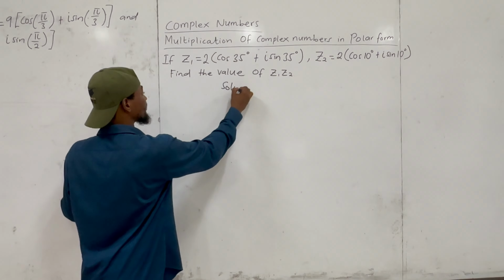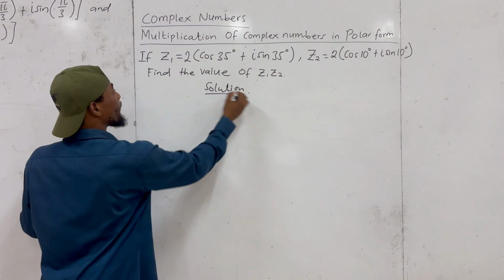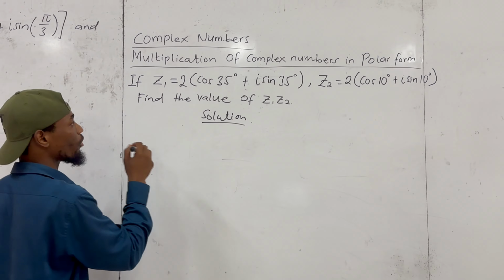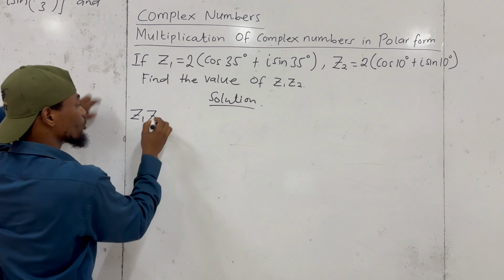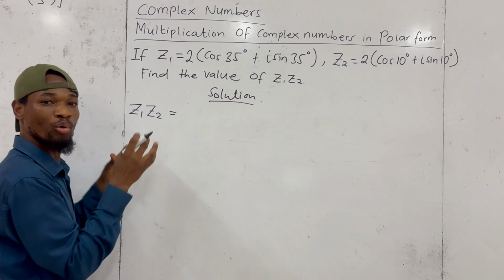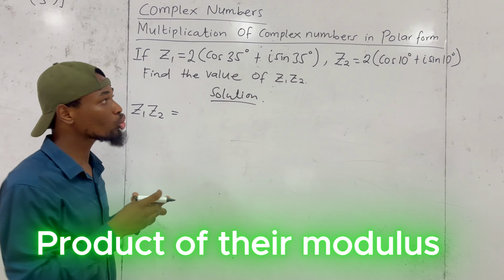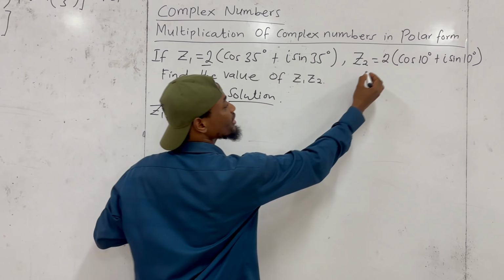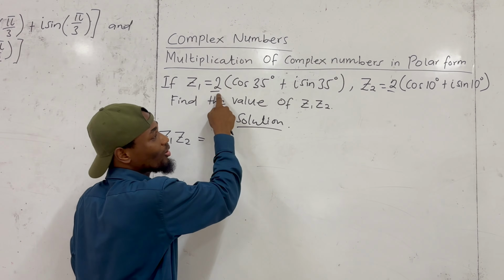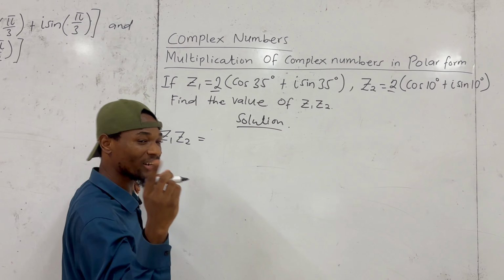We said that for multiplication of complex numbers in polar form, z1 and z2, their product is equal to the product of their modulus. And what is the modulus? This is the modulus in z1, and this is r1 times r2. Remember this.